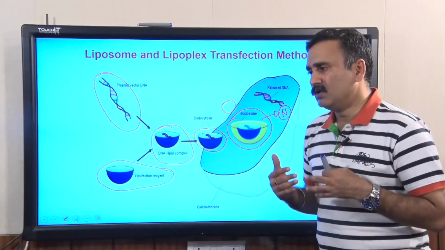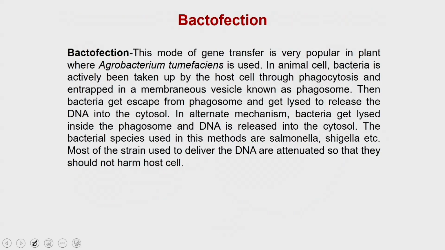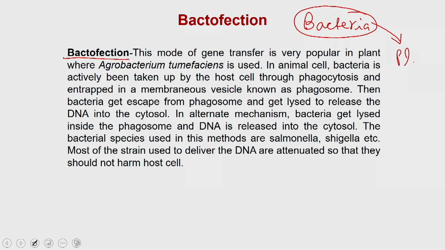Now let's move on to the next method, which is called bactofection. Bactofection, as the name suggests, uses bacteria in this method. The bactofection method is more popular in the case of plants.